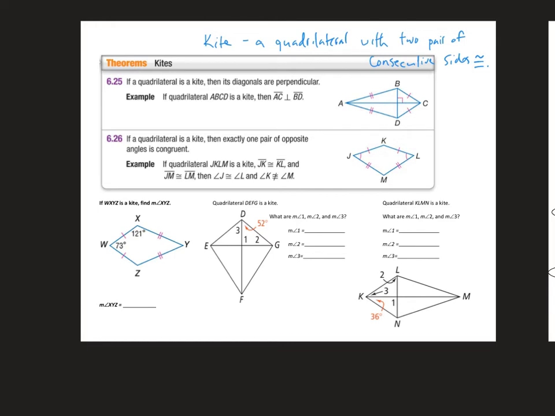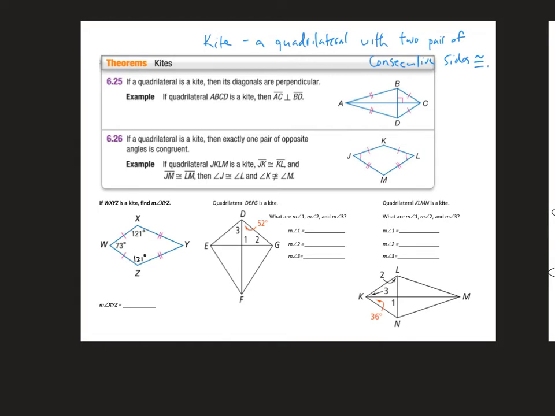It says if WXYZ is a kite, find the measure of angle XYZ. So I want to find that angle right here. I know that this is a kite, so that angle Z is going to be 121 degrees. And because it's a quadrilateral, all of these angles have to add up to 360.